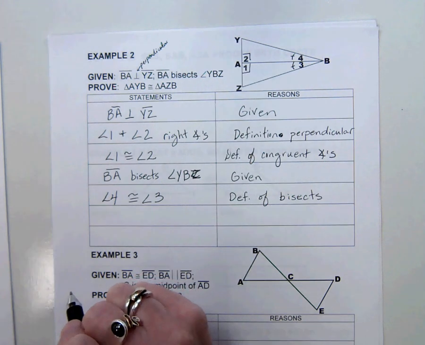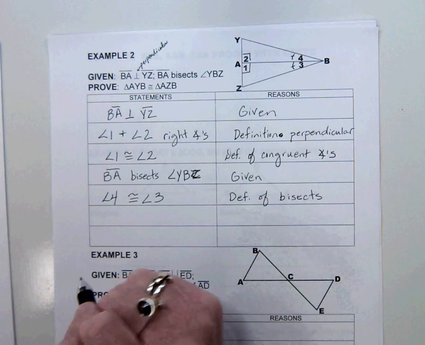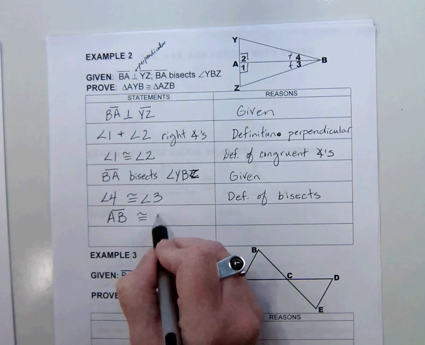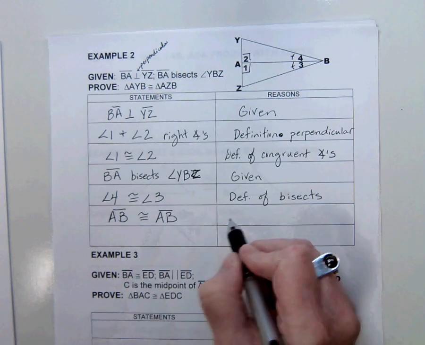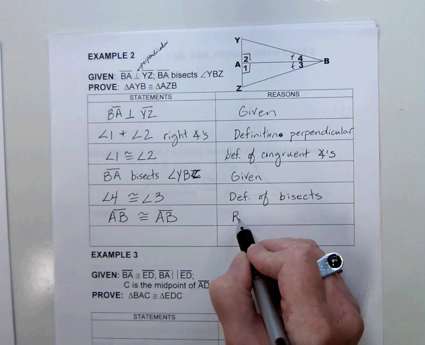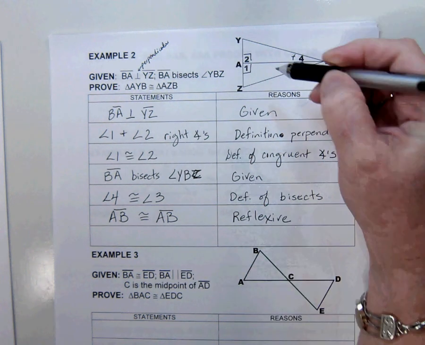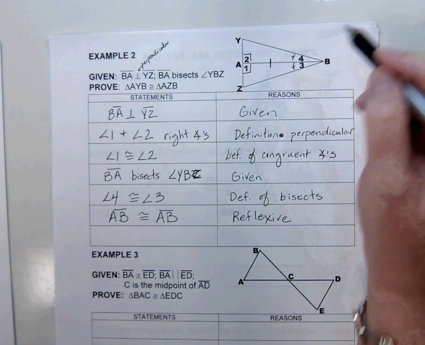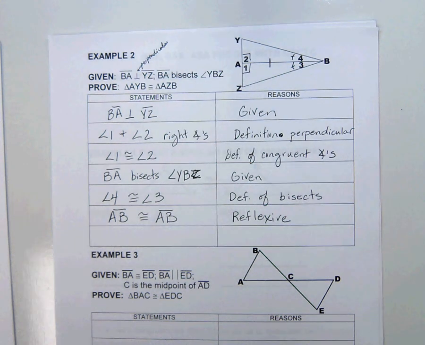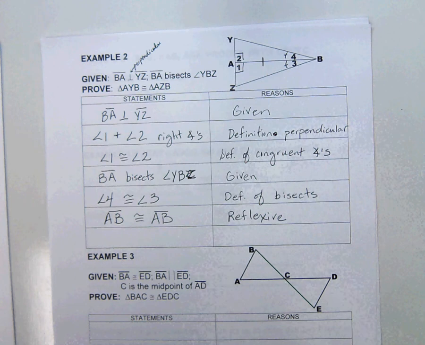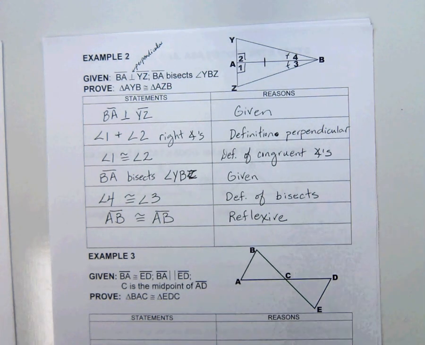Now the shared side that both triangles have is AB, so we know the segment AB is congruent to AB, and that's going to be just the reflexive property. I'm going to go ahead and tick mark that. That would mean that the middle line, AB, is congruent on both triangle AYB and triangle AZB.